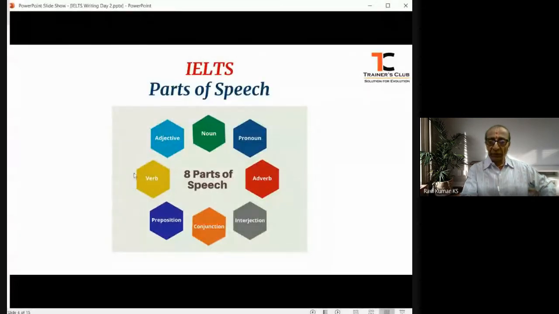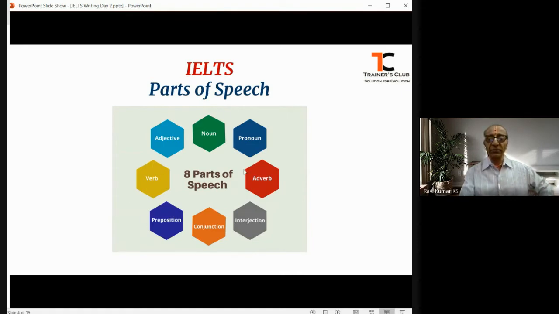So verb is very important, on which I'll be talking in a bit more detail, because it's important for you people to understand what a verb is and how it is used in sentences. Verb is nothing but it tells us about the action and the state of the action in that particular sentence. A verb is an action word.